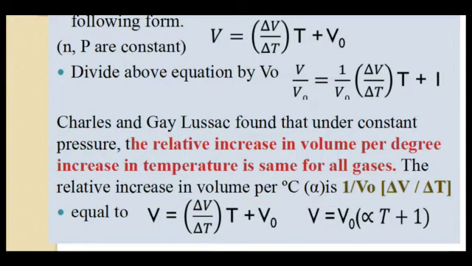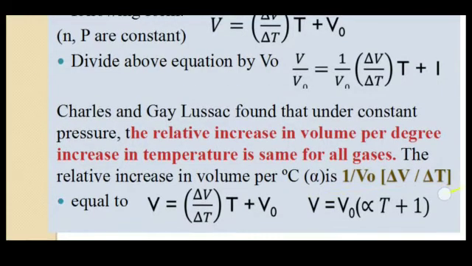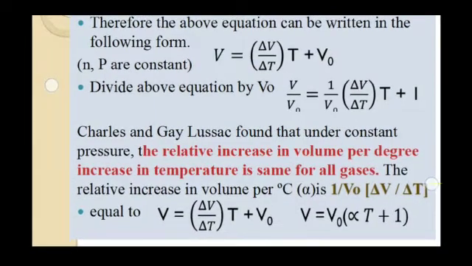So what may be the value? The relative increase in volume per degree Celsius becomes alpha, that is equal to 1 by V naught into del V by del T. So what is the alpha value? 1 by V naught into del V by del T, each degree variation.